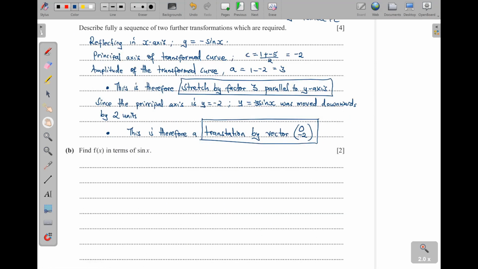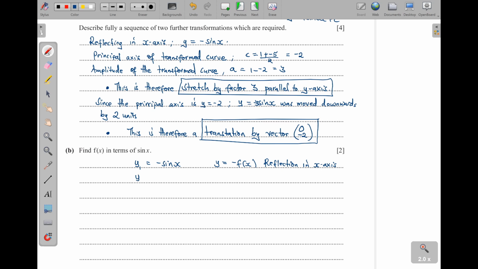Then find f of x in terms of sine theta. Remember, at first we are having this one reflected in the x-axis. So we have y1, which is going to be negative sine of x, because we have y is equal to negative f of x, which is reflection in x-axis. Okay, y changes the sign.